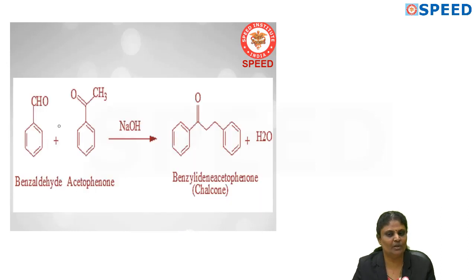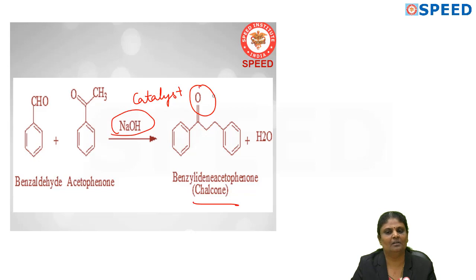Benzaldehyde and acetophenone combine together in the presence of NaOH as catalyst, and we get the compound benzylidene acetophenone. So its common name is chalcone. The two rings are joined like this, with the ketone group.